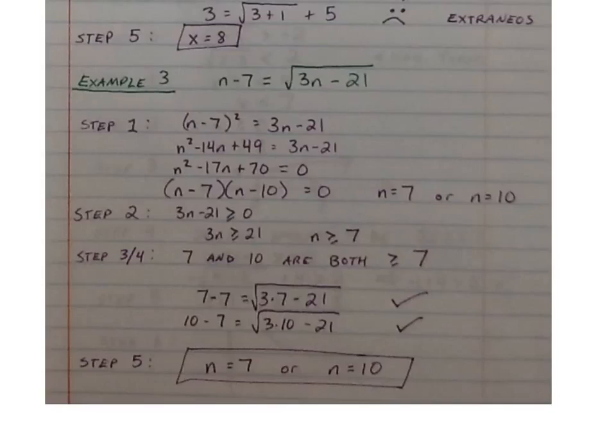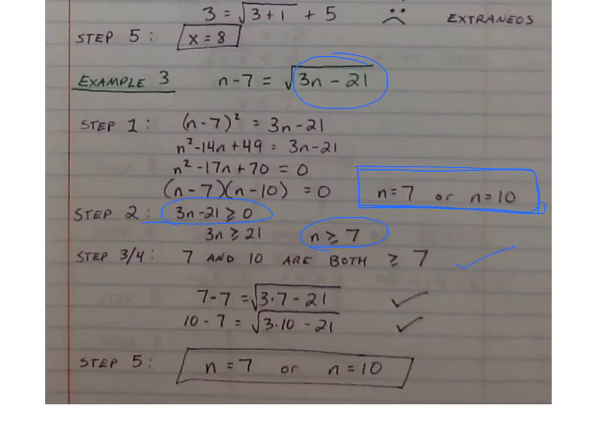When I was checking the constraints of the domain, first I found the constraints of the domain. So I said that the radicand had to be positive, and that concluded that n had to be greater than or equal to 7. This checks out for both of my answers. So then I have to plug the answers into the original equation.